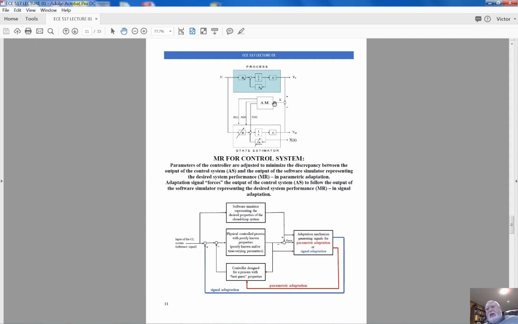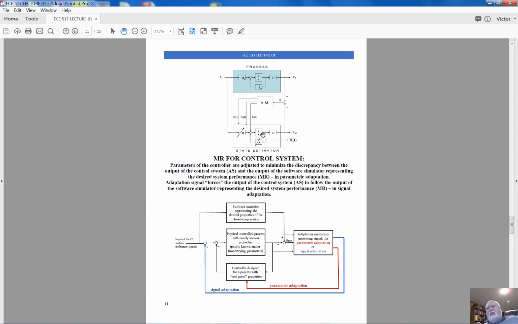The error provides information to the adaptation mechanism, and the adaptation mechanism does the following. It can adjust parameters of the matrix B, parameters of the matrix A, and if necessary, it may also inject an additional control signal in the system.